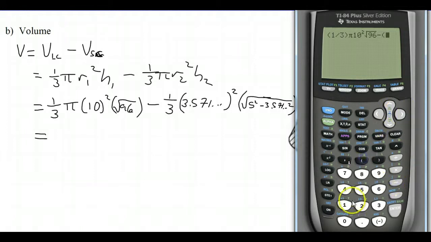Minus 1/3 again. Now if you like, you can put in a times, right? Times pi times alpha A, right? So we need that r squared times the root of 5 squared minus alpha A squared. Okay, boom. Whole thing ready to go. Hit enter.